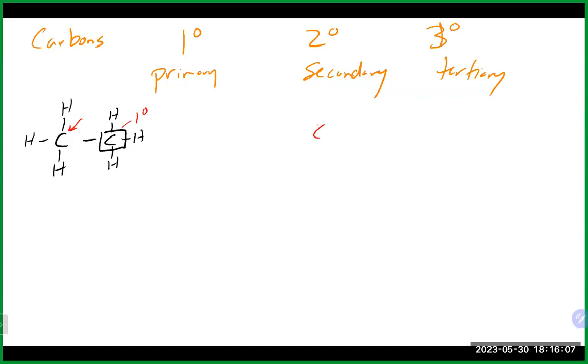If you took a carbon that looks maybe something like this, I won't draw them all out here. If we look at this carbon right here, it is attached to that carbon, and it is also attached to that carbon, and that would be 2, which would make it a secondary carbon.